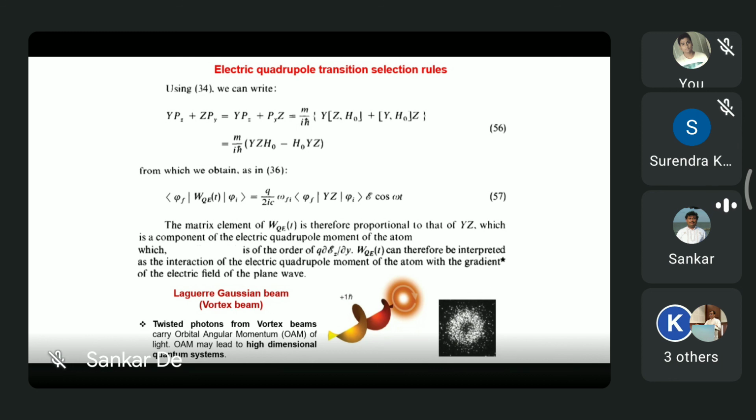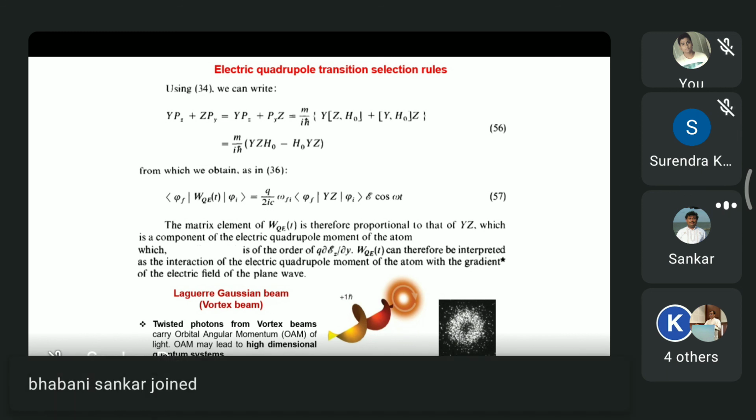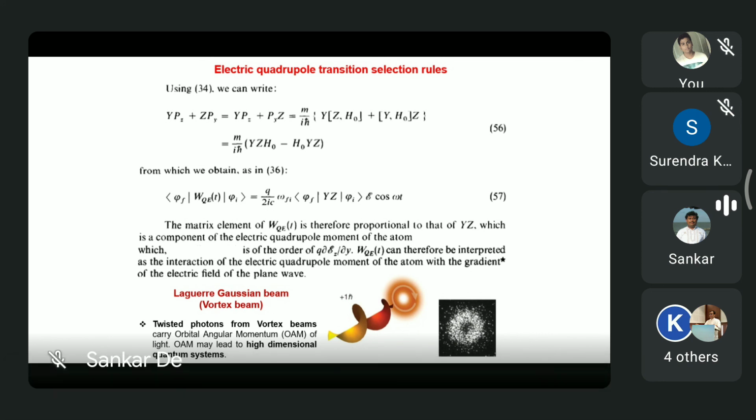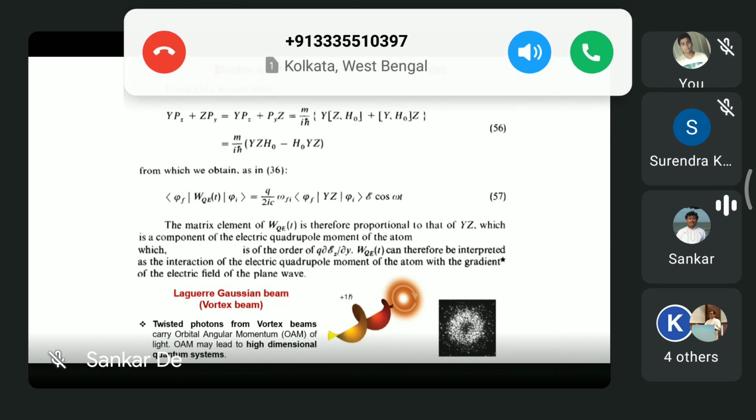A Laguerre-Gaussian beam is something very interesting. It actually changes its electric field direction or its helicity along the propagation direction. So it can have a number of funny ways in which it can change its helicity.